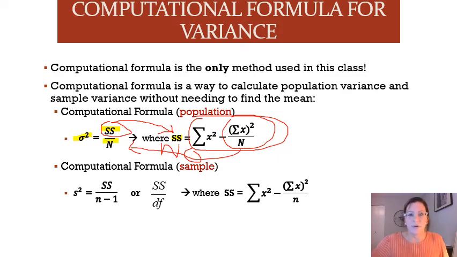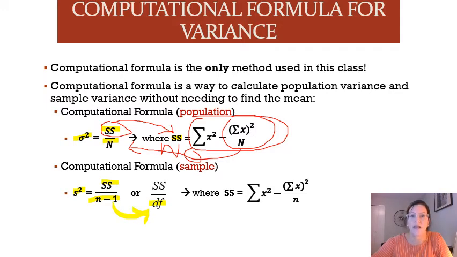Now our sample is a little different because samples have more variability. We'll talk about what that means. The sample notation is s squared. It's the sums of squares, but now it's divided by n minus 1. And n minus 1 also has a notation of df, and we'll talk about what that means.